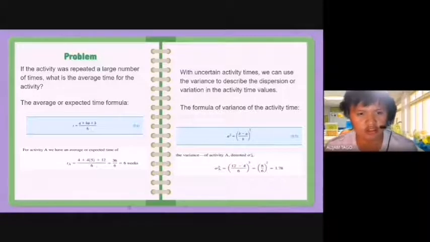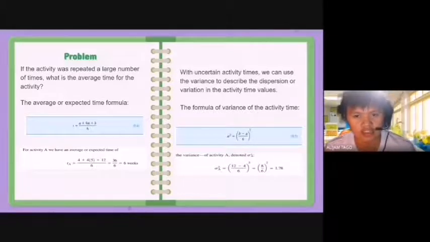To get the average time, there is a formula: t equals a, the optimistic time, plus 4m, where m stands for the most probable time, plus b, the pessimistic time, all divided by 6. So for activity A, we have an expected time of 6 weeks.